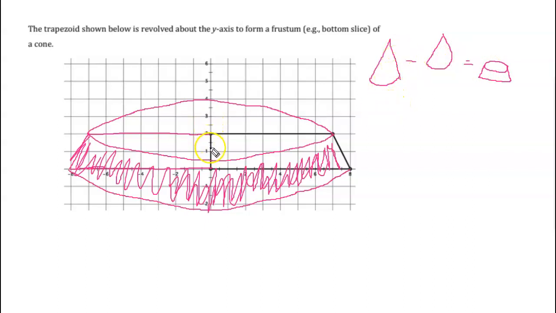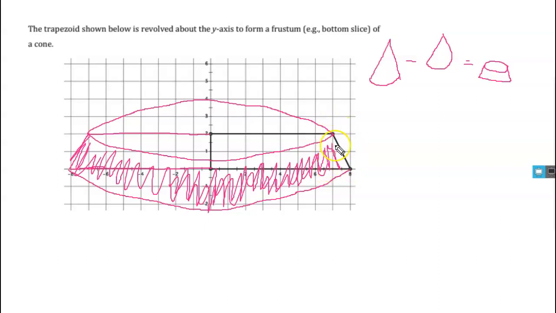Another one is to look at the trapezoid itself and think about the way that as this is rotating around, what kind of shape is it actually making? What you may notice is it's very similar to a cylinder. The only real difference from it being a cylinder is that it's not going straight up and down.